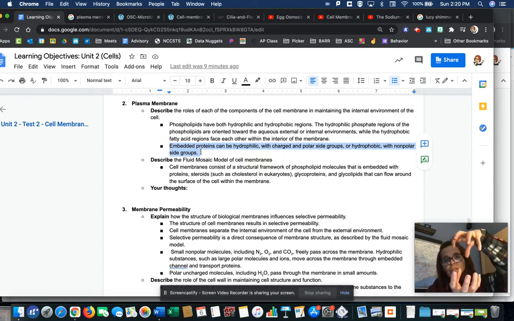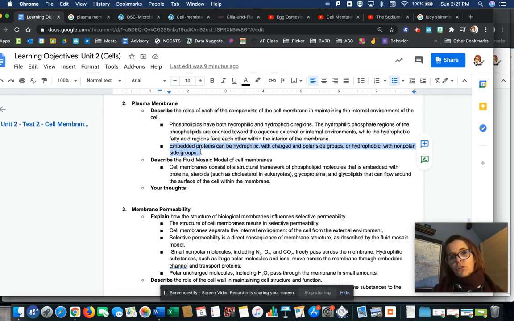So let me say that again, because I think I stammered on it a little bit. If this is a protein, the top and the bottom of the protein are going to be hydrophilic because it's going to be close to water and it's going to be near the hydrophilic heads of the phospholipids. Then the middle of the protein that's embedded throughout the phospholipid bilayer is going to be nonpolar because it's embedded in those nonpolar tails.